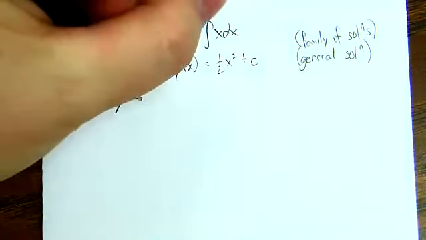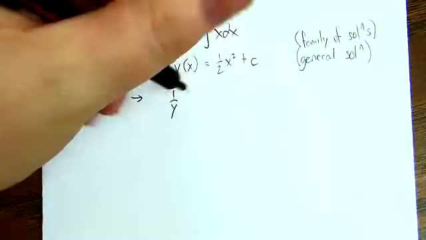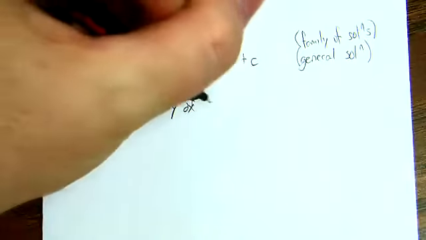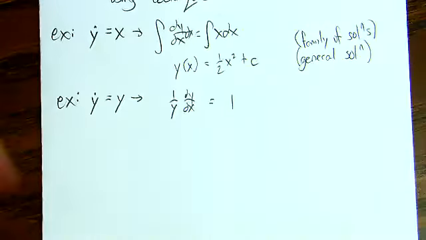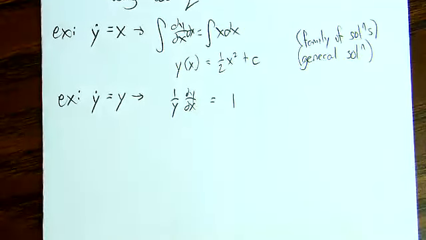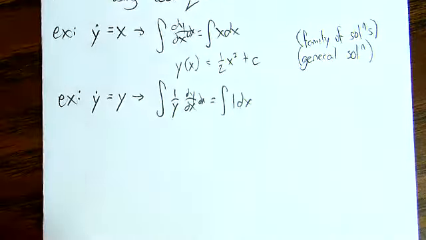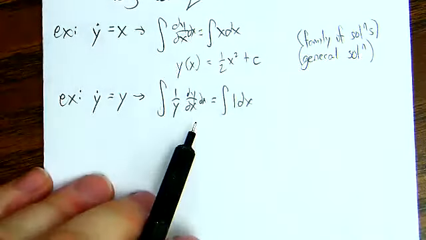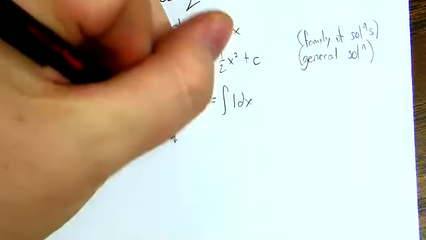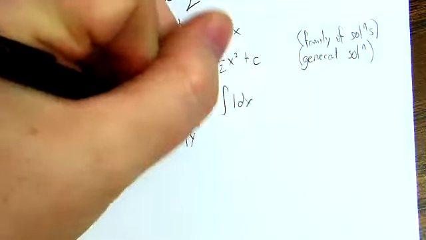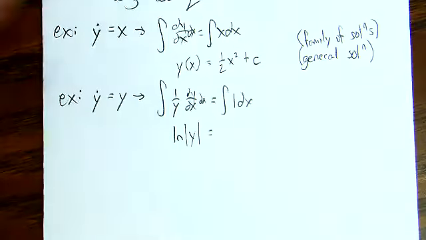I can separate this because it is 1 over y dy dx, and that is now equal to 1. I can divide both sides by y. Doing so gives me 1 on the right-hand side. And now I can integrate this with respect to x. 1 over y times the derivative of y is exactly the derivative with respect to x of the natural log of the absolute value of y.